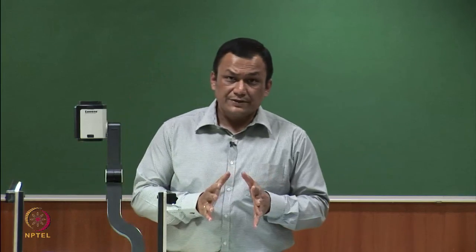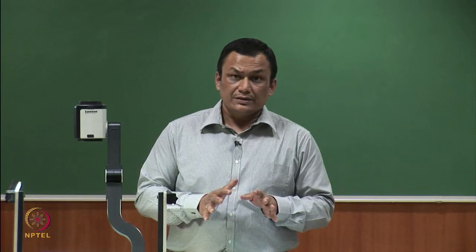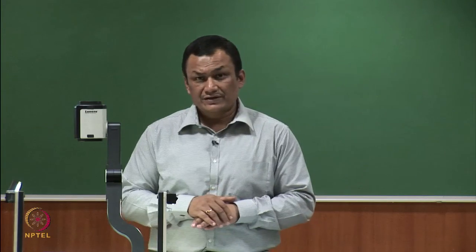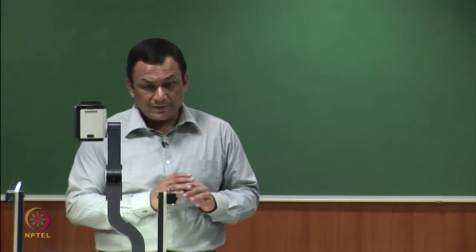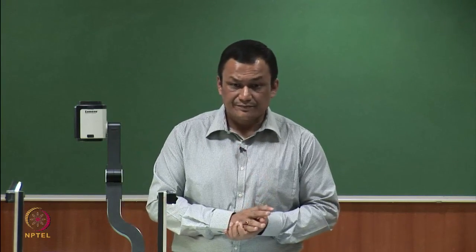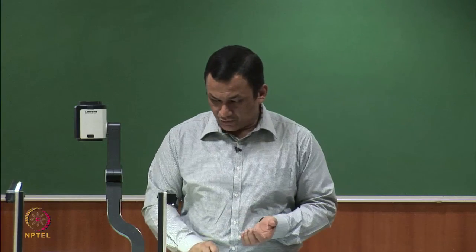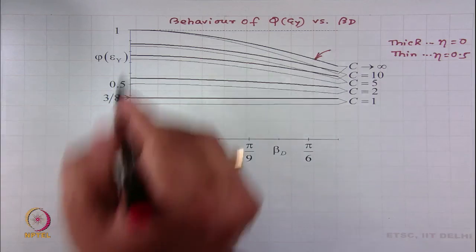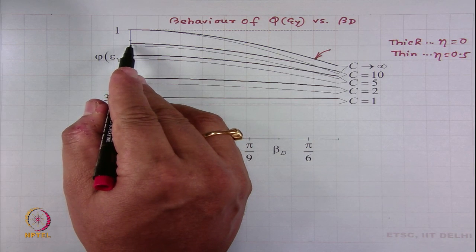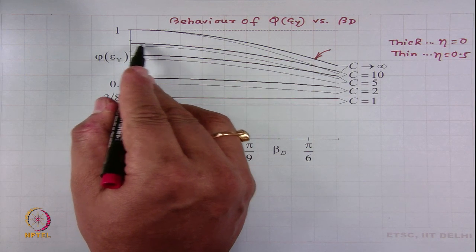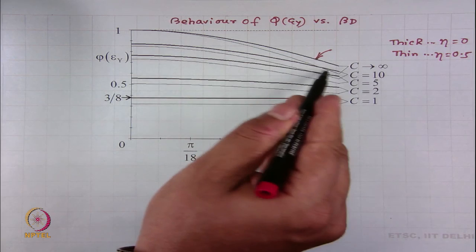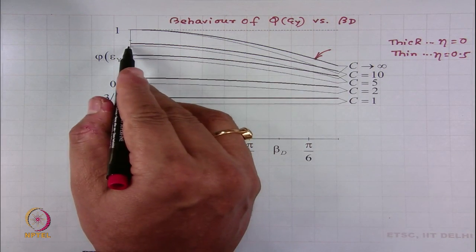When the value of C is lower than infinity, so the level of anisotropy is less in the yarn, then what will happen? Then the curve will follow, when eta is equal to 0, the curve will follow this, and when eta is 0.5, the curve will follow this.